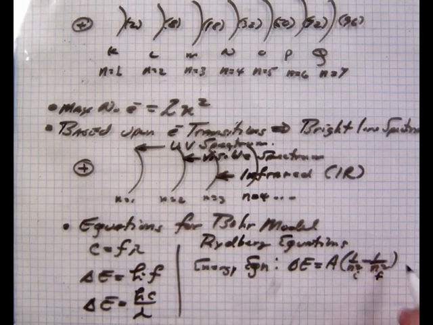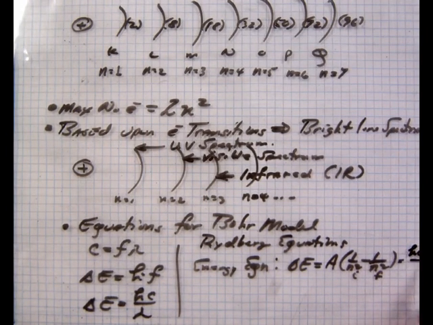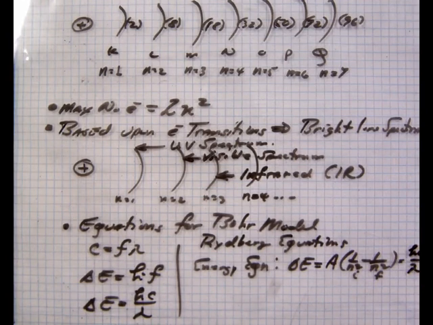Now remember, while it's showing this hc over lambda, this weird looking A right here, delta E is still delta E in this context also. So you can set this equation equal to hc over lambda, and some problems come to you with the wavelength and ask you to get an energy in this context, or they'll tell you it's just a wave transition.